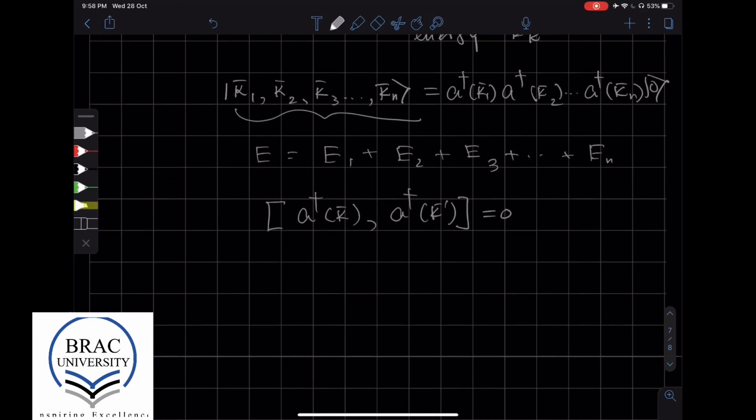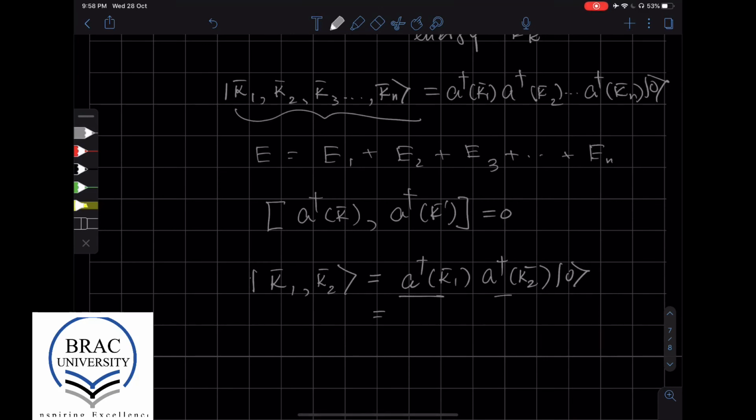What it means is that if I take a state which has two particles with momenta k1 and k2, this means that I have a dagger of k1 times a dagger of k2 acting on the vacuum state.